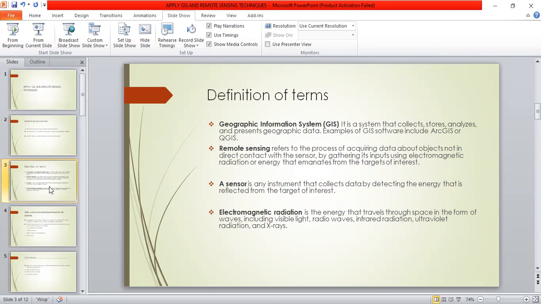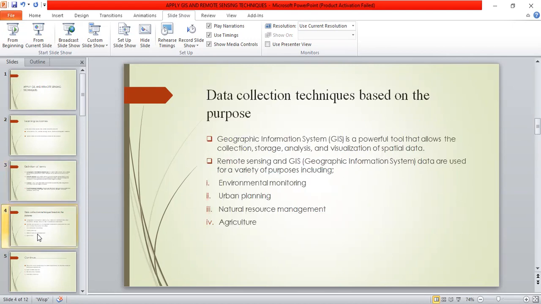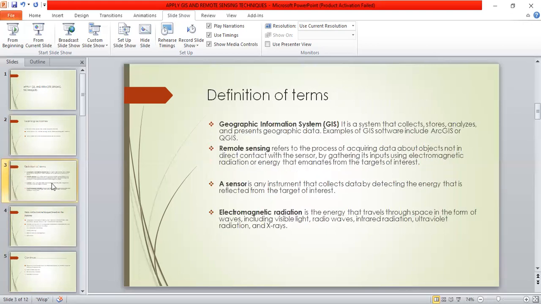Class, I want us to look at the purposes of collecting GIS or remote sensing data. Who can give us an answer on that?